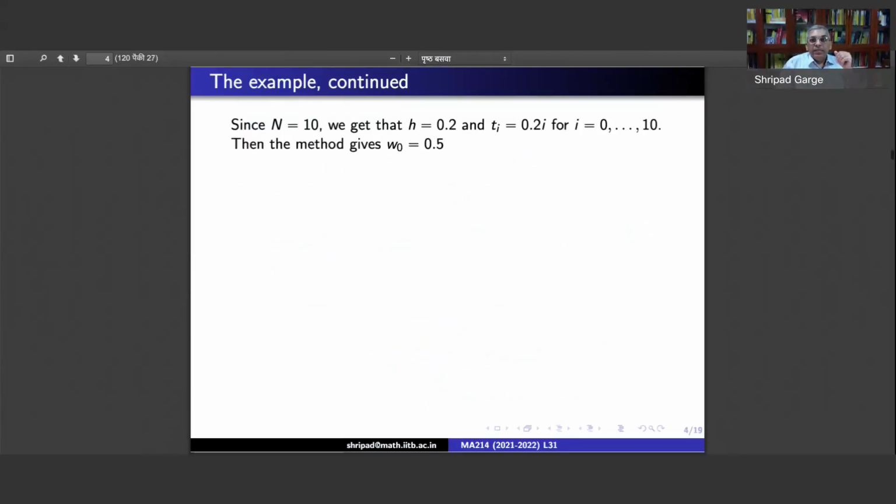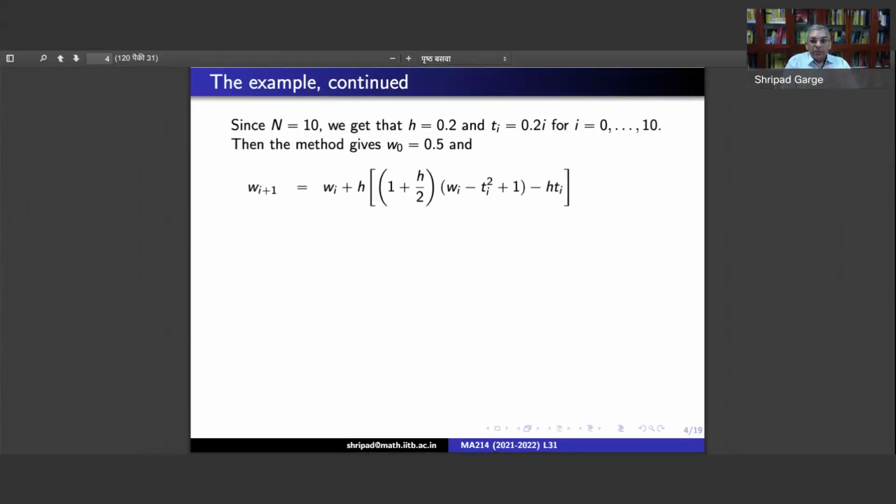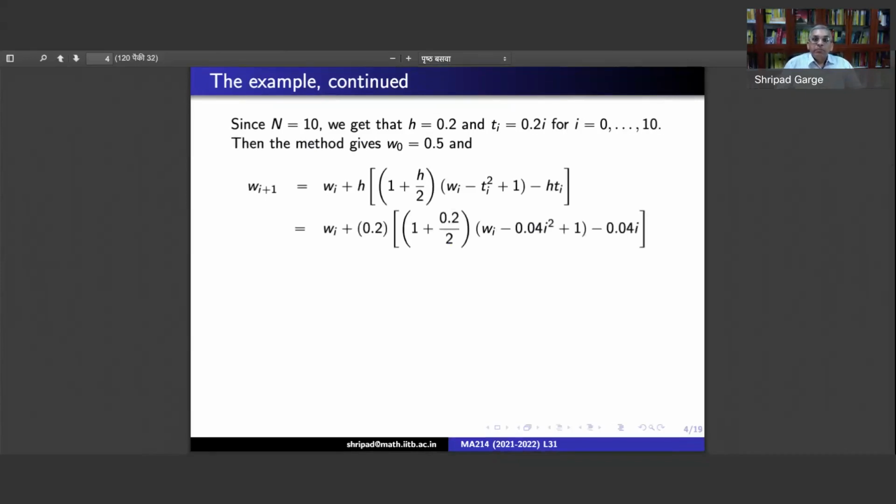And then the method will give W naught is 0.5. That's the beginning value, that's the initial value. And Wi plus 1 is Wi plus h times T, capital T of small Ti, Wi, which we have computed from the previous slide. And now we put the value of h and Ti. Remember, Ti is 0.2 into I, right? So Ti square will be I square into 0.2 square.